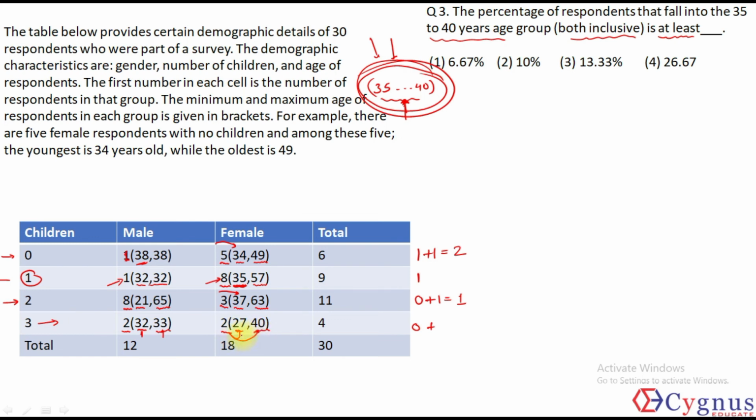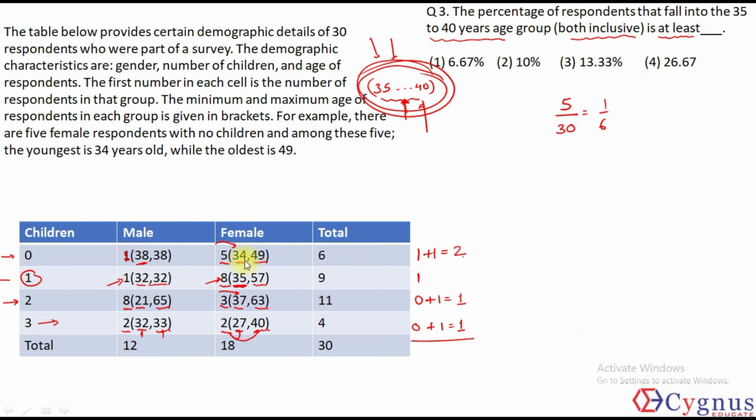I'll have to take one female who is 40 years old. So I'll take one person here. So total number of people who will belong to this range are how many? 2 plus 1 is 3, plus 1 is 4, plus 1 is 5 out of 30, which is 1 by 6. But if you look at the options, it's 6.67, 10%, 13.33, 26.66. None of them will match here.